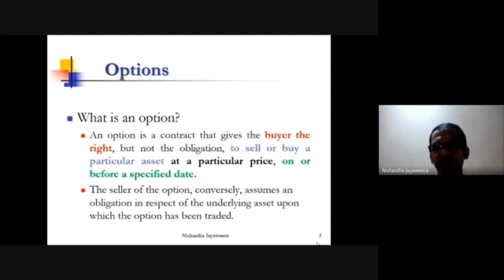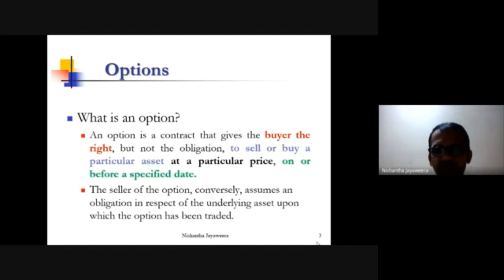In a futures contract, when you buy a futures, that means you entered into an agreement to buy the underlying asset. When you sell a future, you enter into an agreement to sell the underlying asset, and both parties have the obligation. On the expiry date, the buyer has to pay cash, the seller has to deliver the asset. That's forwards and futures.